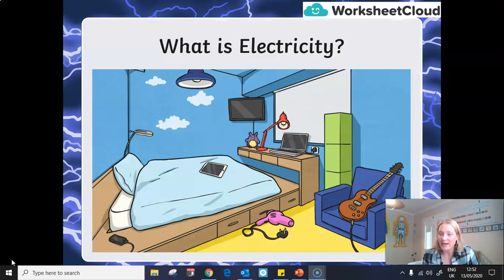So we actually call electricity a secondary energy source, which means that you have to use a primary source in order to generate and create electricity. But electricity, if you remember back to our lesson a couple of weeks ago, is a very useful source of energy for humans because it can be easily converted into heat, sound, light, and lots of other energy types.